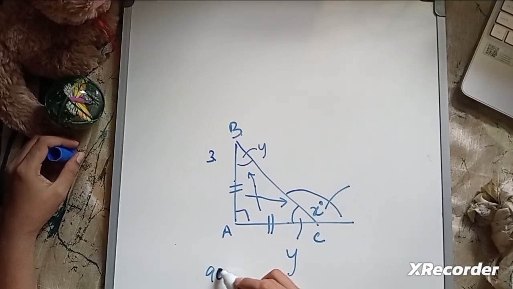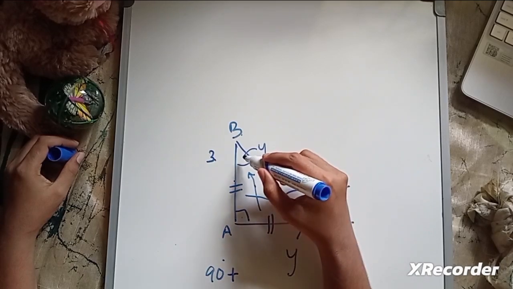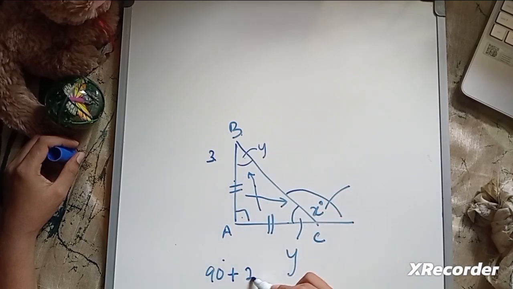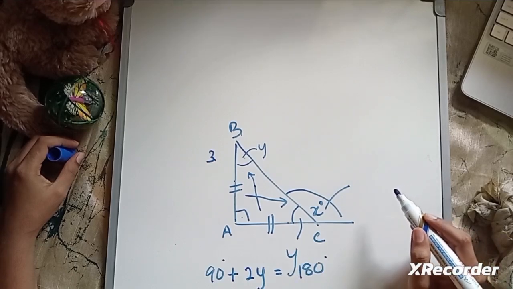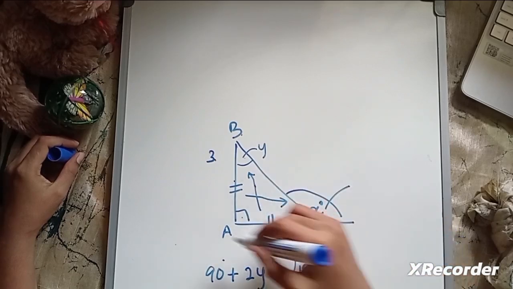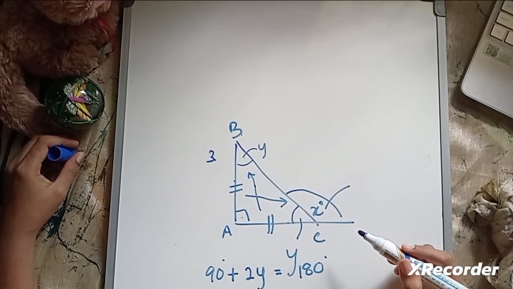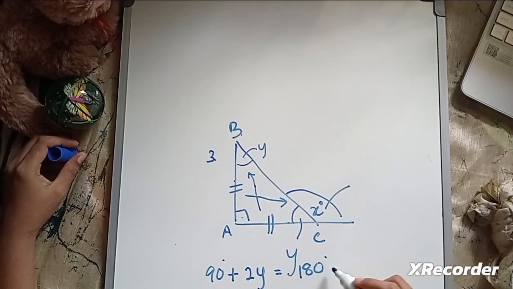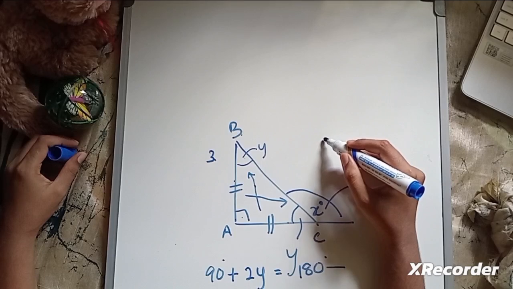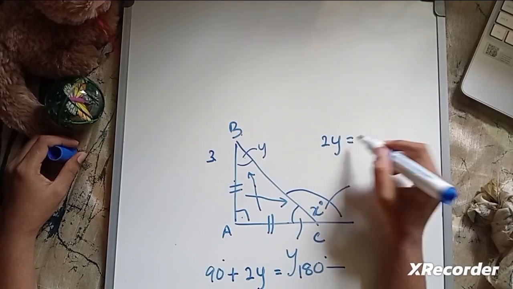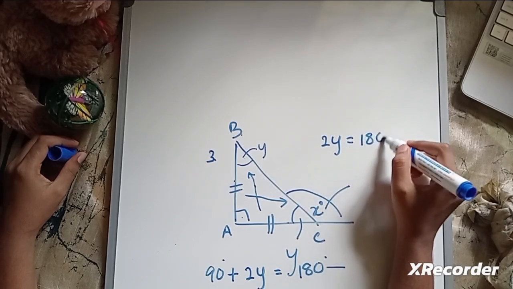So this angle 90 degrees plus these two, 2y equals 180 degrees. You know that the sum of the three angles in a triangle is 180. So here we use that theory. Like that we can find the value of y.